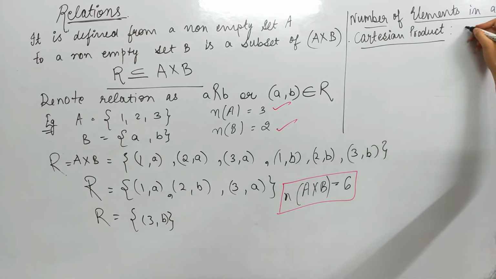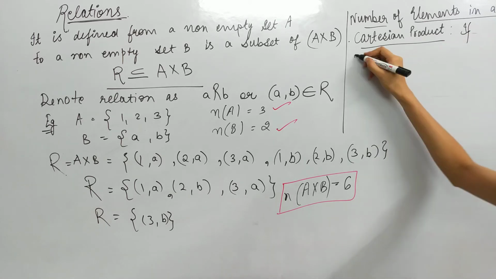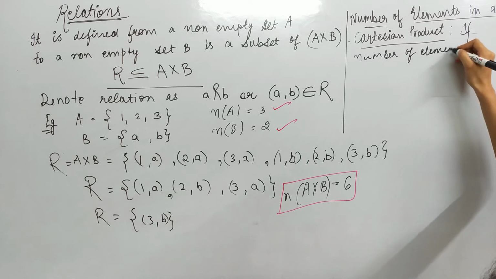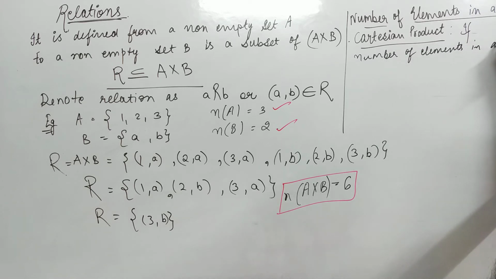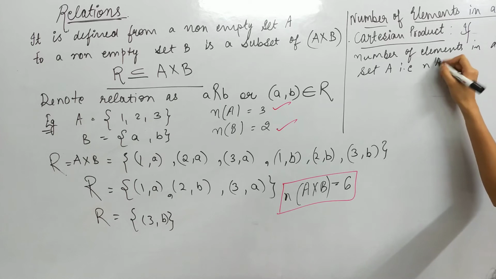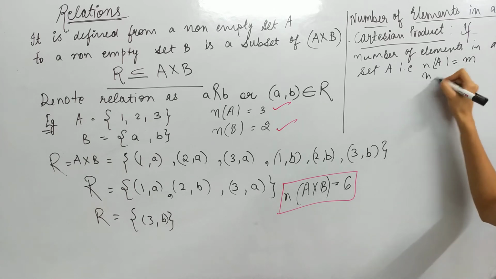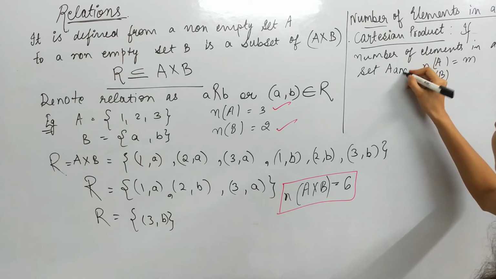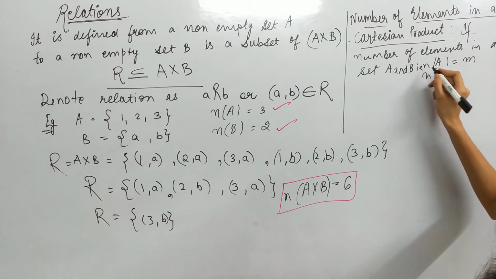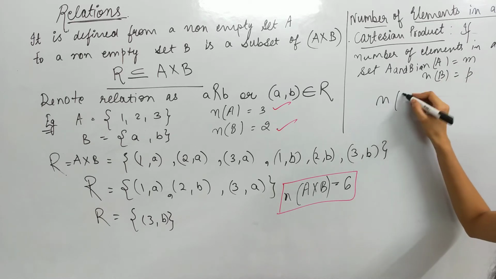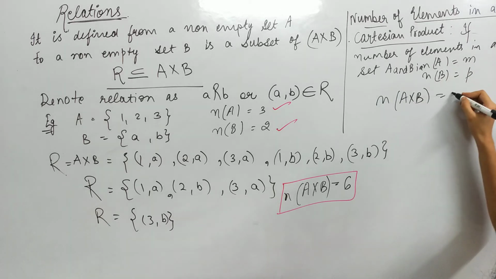That means in a general way, if the number of elements in set A is m and the number of elements in set B is n, then the number of elements in A cross B will be mn.